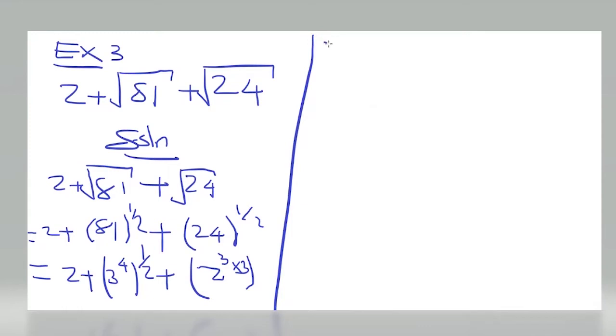Then I can have 2 plus. Now 3 power 4 times a half will be equal to 3, then 4 divided by 2 will be equal to 3 power 2. Then plus 2 power 3.